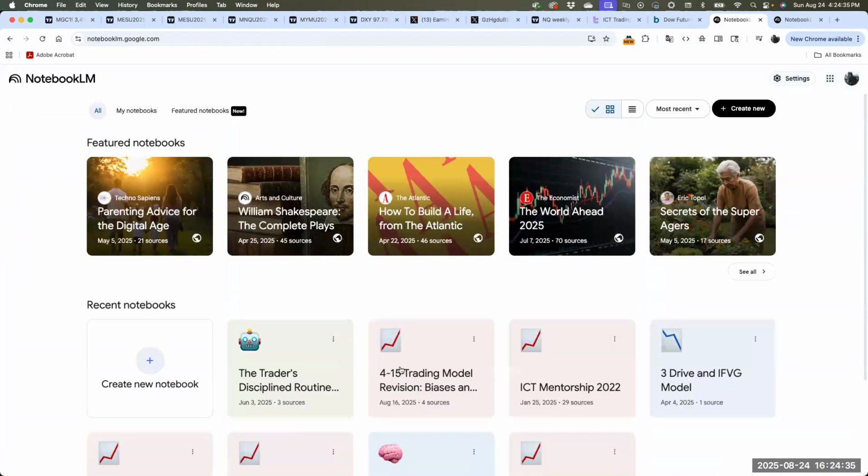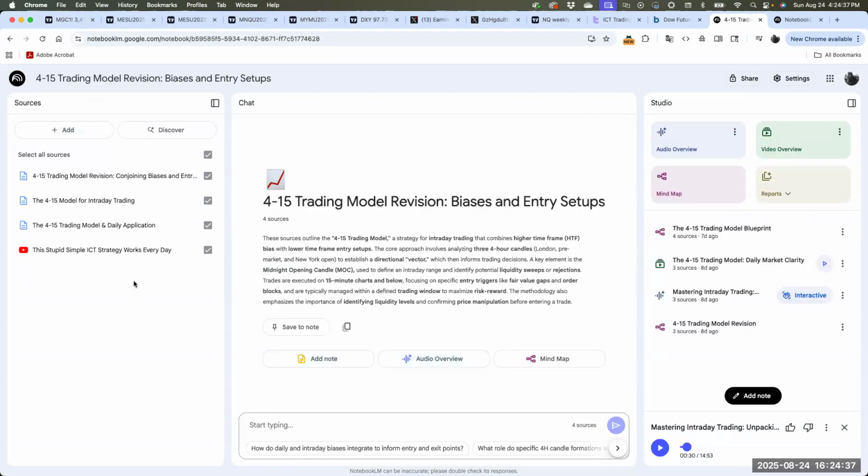The one I was just working on was my 415 strategy, and one thing I'm going to talk about today is the midnight opening candle.